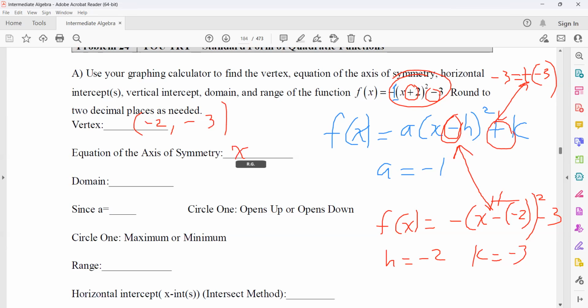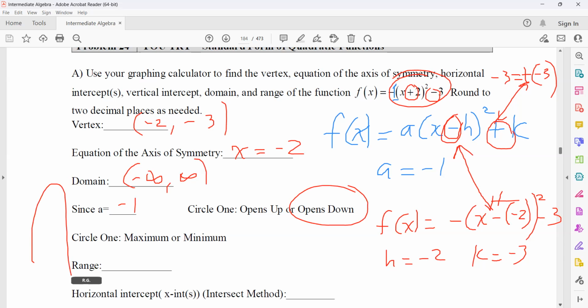My equation of axis of symmetry is that. My domain is that. My a is -1. And we are saying that because of that, the graph opens down. Because the graph opens down, k will be the maximum value, right? It's going to -infinity.